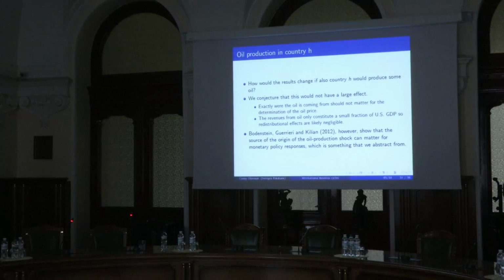Yeah, so a referee for the paper made this point, and I don't know the answer to that, because I haven't checked. But I don't think it would have a very large effect because exactly where the oil is coming from should not really matter for the determination of the price. So there will be some redistributional effect. The US would benefit more since they have oil, so there's a wealth effect going on there.